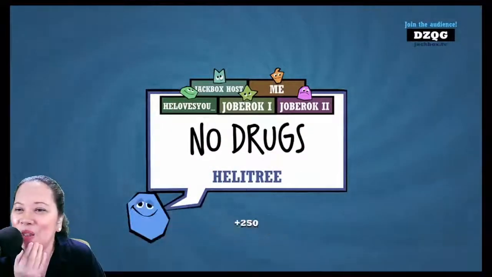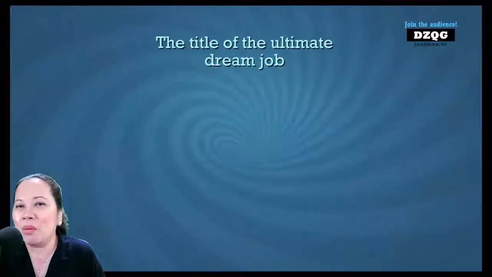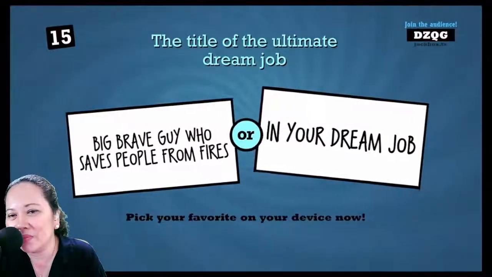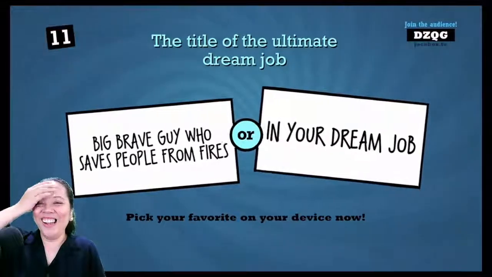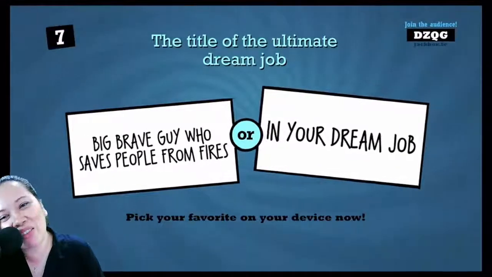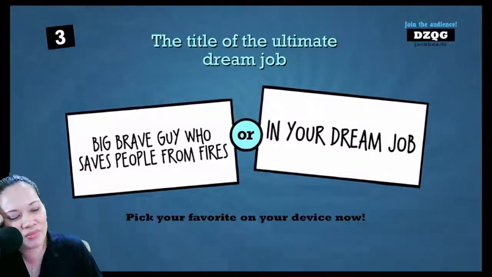Quick flash for you, Hello Tree. Next in the hopper, the title of the ultimate dream job. Come on, come on. Vote away. Big brave guy who saves people from fires, or in your dream.